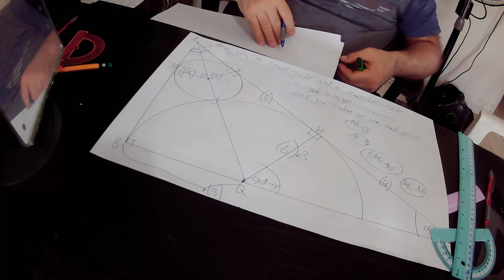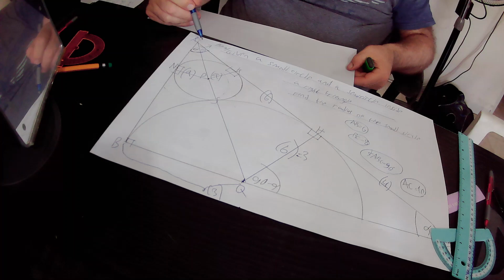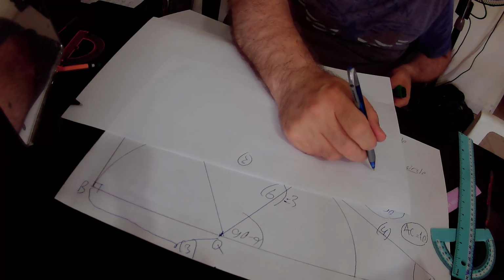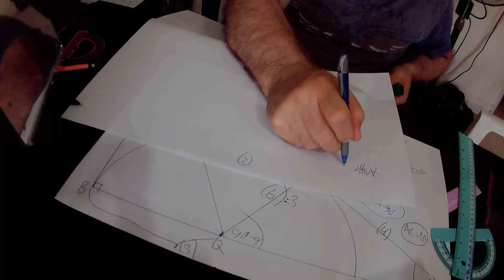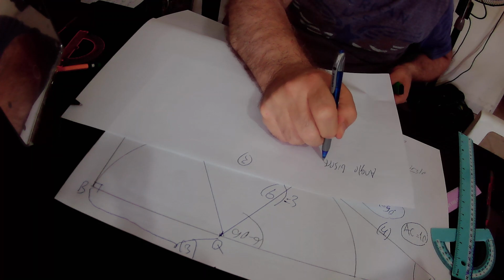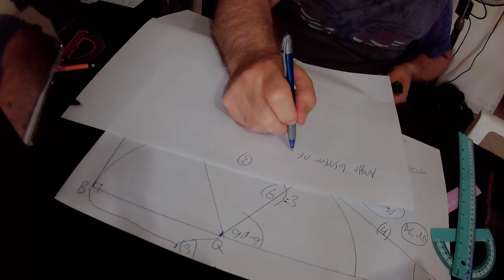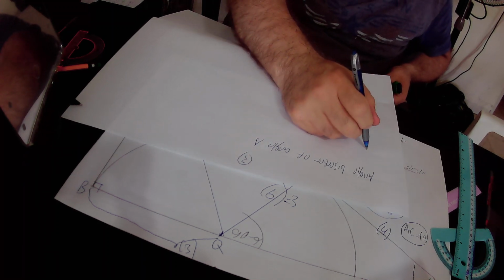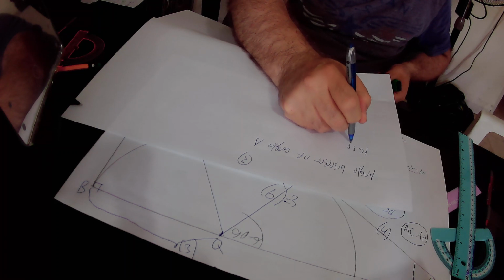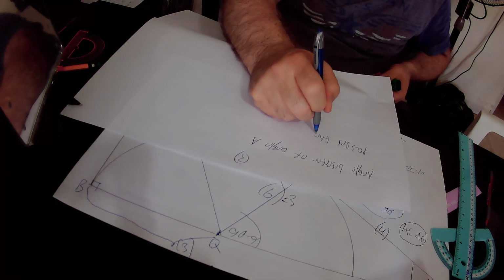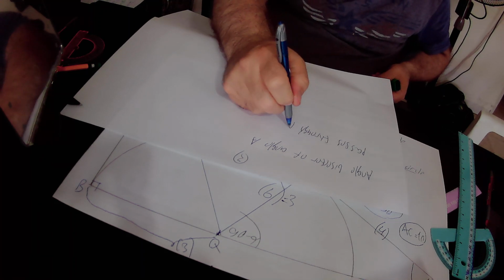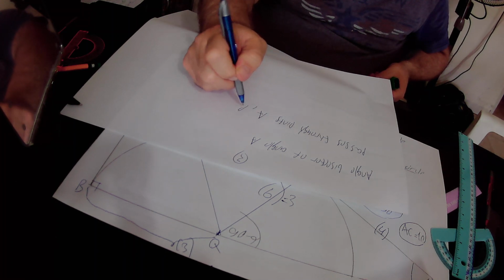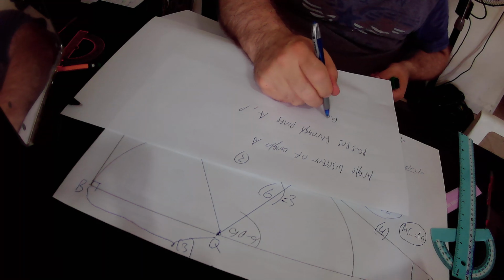Actually, found out that the angle bisector of this angle A passes through points A, P, and Q.